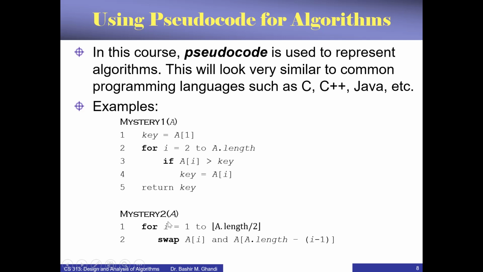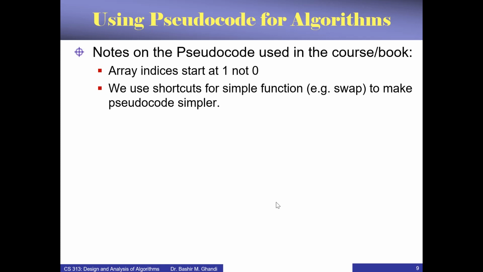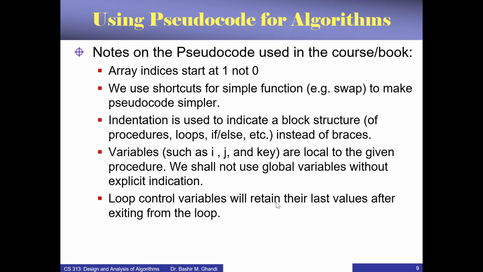And therefore the final value of i after exiting the loop will be 3. It is the value that makes the loop stop because it no longer satisfies the condition of being less than or equal to this last limit here. Alright, I hope that's clear.